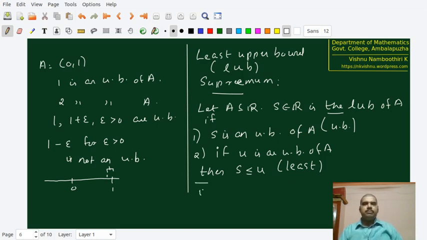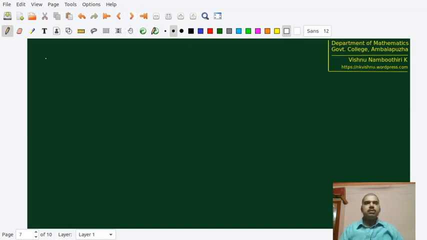Example: A equal to (0, 1), the example that we have just now taken. Then we can guess that 1 is the LUB of A. Another example: B is equal to {0, -1, -2, etc.}.